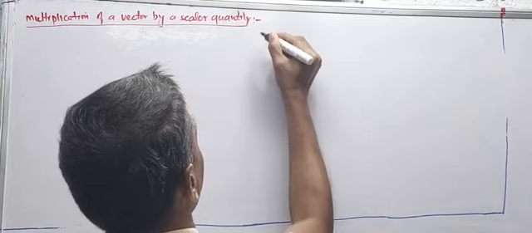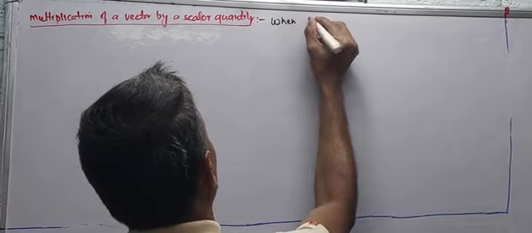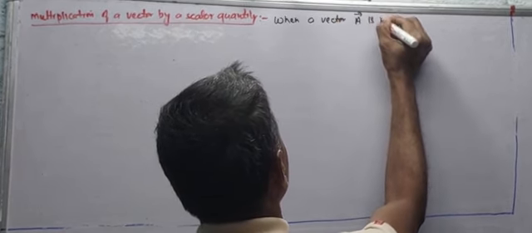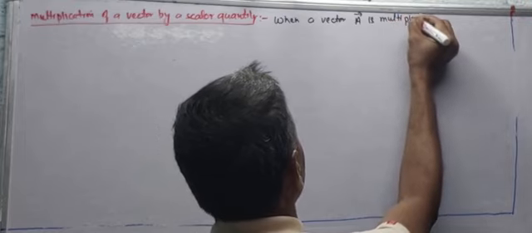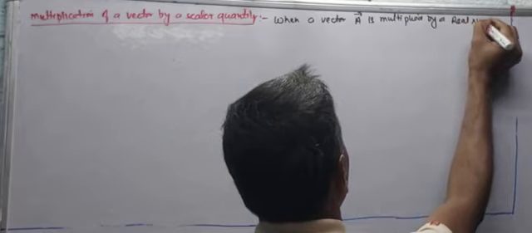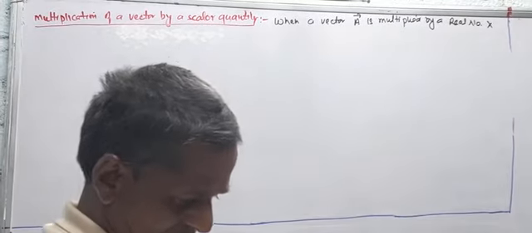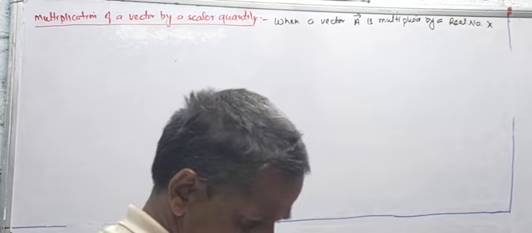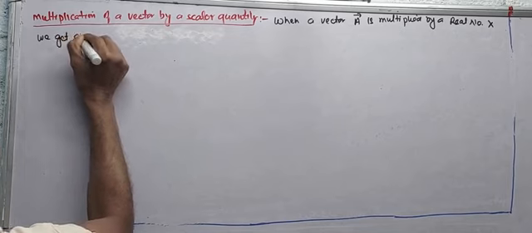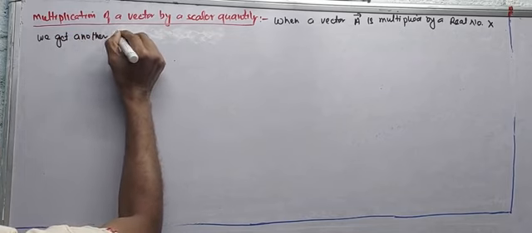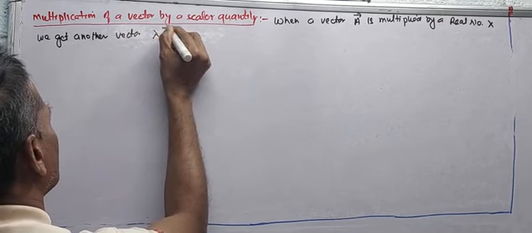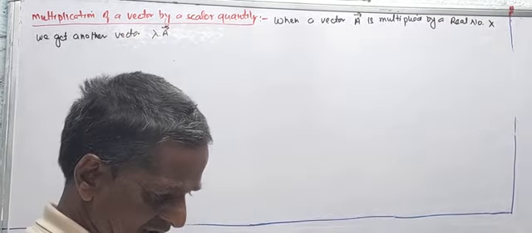when a vector a is multiplied by a real number lambda, we get another vector, lambda into a vector.